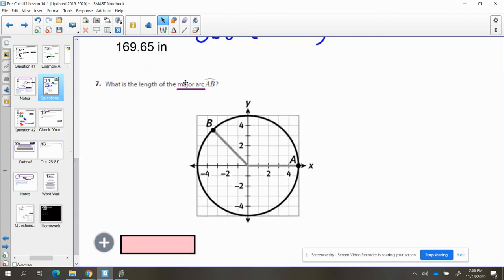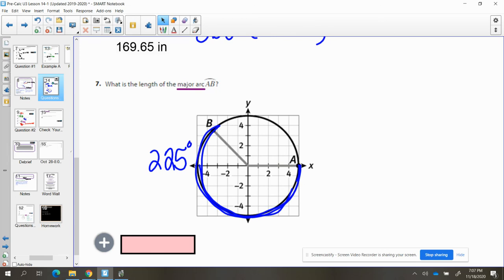One last piece to be careful of when we talk about a major arc, we want the length of this big arc versus the minor arc, which would have been the small arc AB. So in this case, we went 180 and then another half of a unit of a quadrant, which would be a total of 225 degrees.